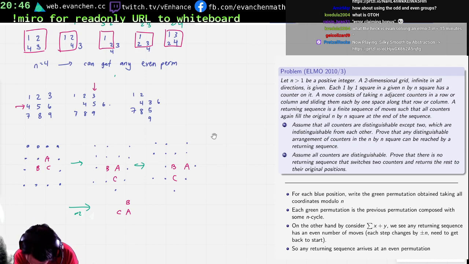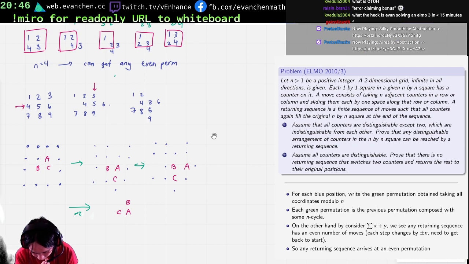But I think basically the same thing is likely to work. It's annoying because it's in a grid, so it's not that clean.